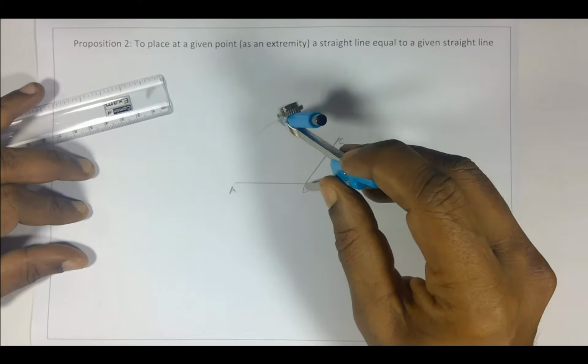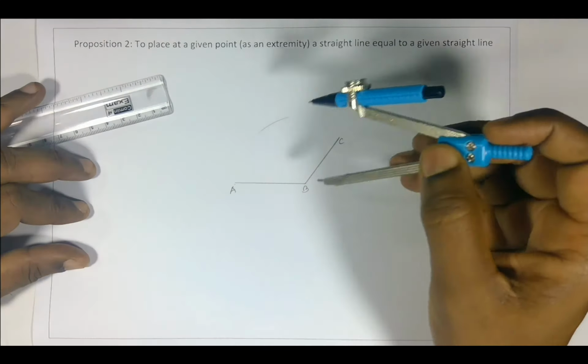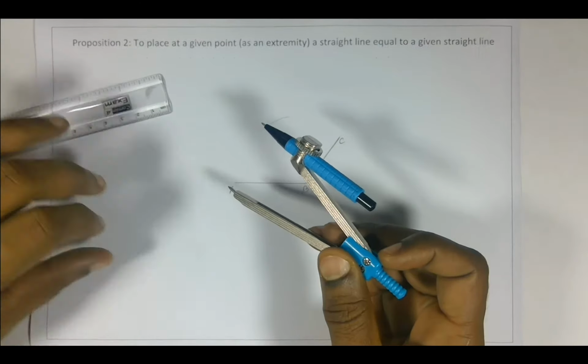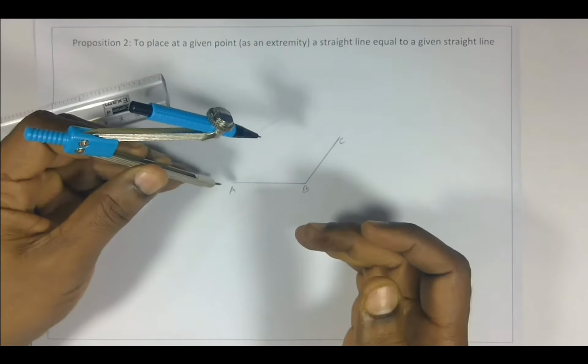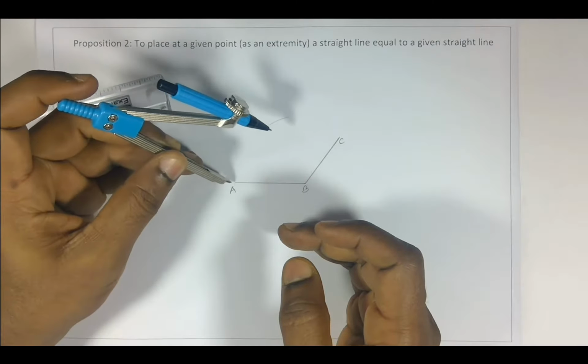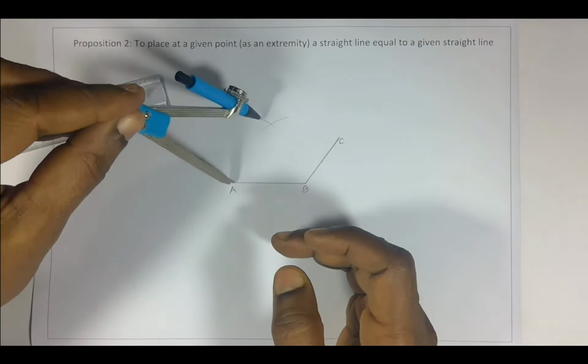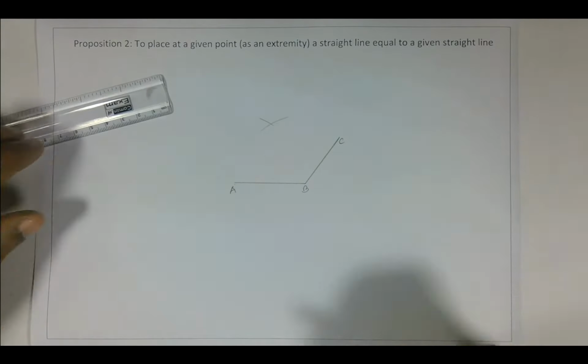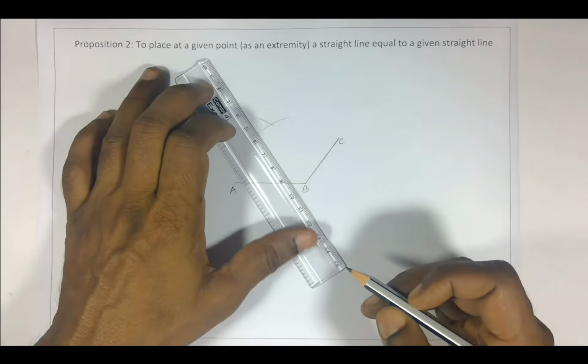Now this time I am not actually going to draw the full circle because I don't really require it. What I require is an equilateral triangle, and for that I just create enough so that I get the intersection. To draw an equilateral, that's enough.